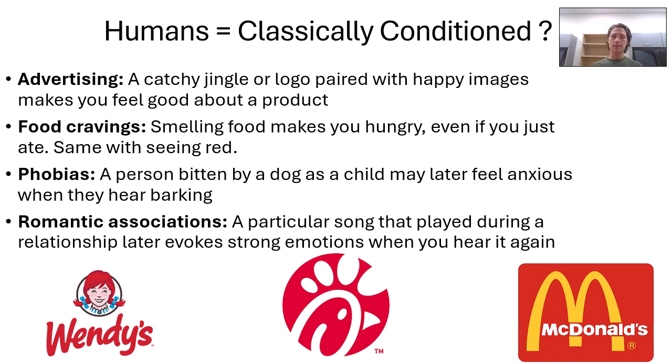And so that's also classically conditioned. And then, of course, the one that we've all probably experienced at some point in our lives is when you have a certain song that's associated with a certain relationship, that can evoke strong emotions, either positive or negative, when you hear that song again later in your life. So these are all examples of humans being classically conditioned in everyday life.